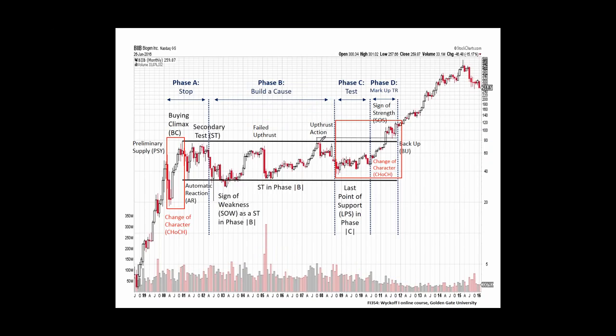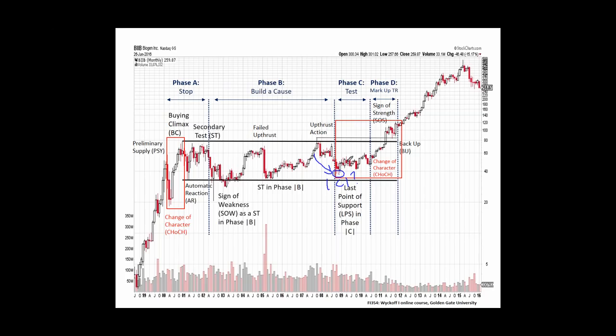Well, one of the things here, as we're looking into this reaction, and we are at this point, we might be thinking, is this a potential phase C for us? And why is phase C so important? Well, because this is where the trend starts. The lowest point in phase C is going to be the lowest point of the trend.